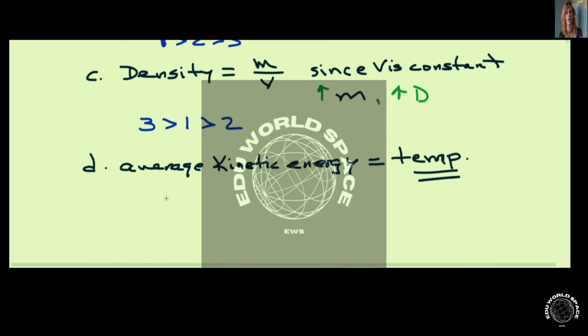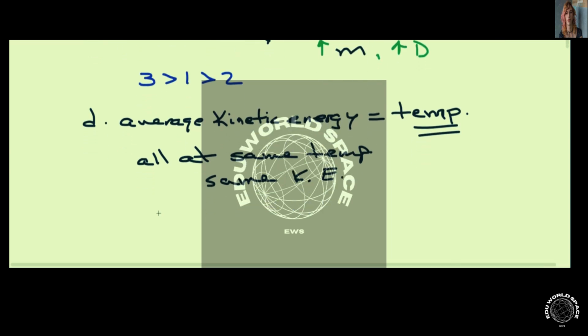Same temperature equals same kinetic energy. So they're all at the same temperature, same kinetic energy. So for this one, 1 is the same as 2, which is the same as 3.